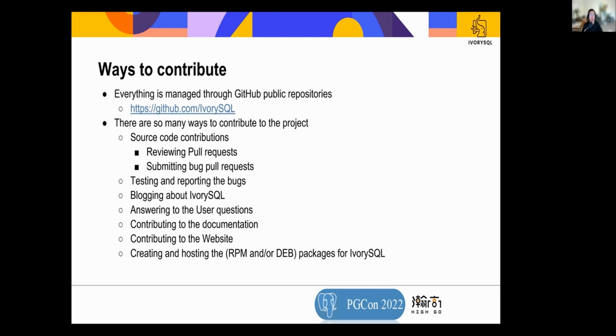As for ways to contribute, everything is managed from the GitHub public repositories. As an open source project, there are many ways to contribute, not only code. You can review pull requests, submit bugs and pull requests, do testing, blogging, answer user questions, and contribute to the community, the documentation and the website.